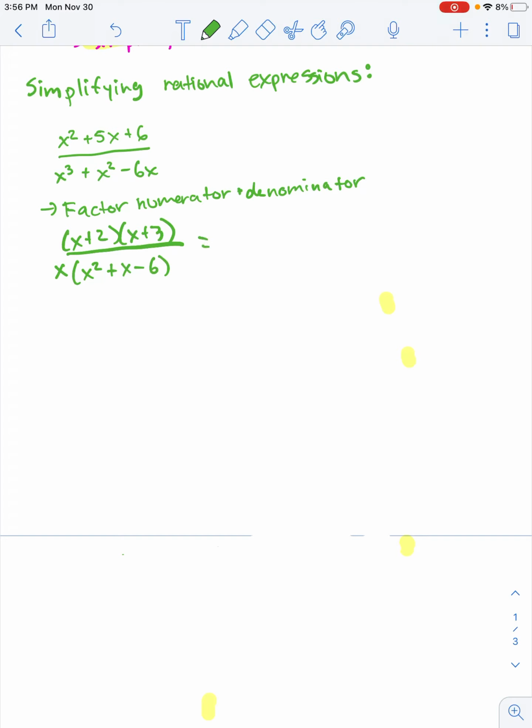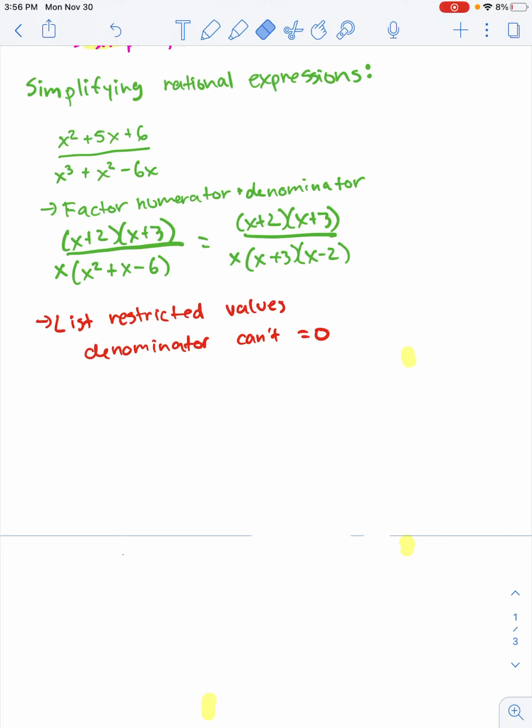And then x squared plus x minus 6 factors into x plus 3, x minus 2. Cool. Okay, so now I have that in factored form.